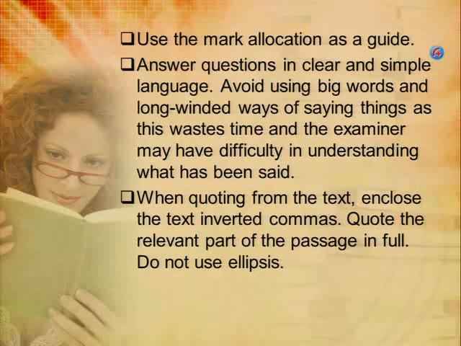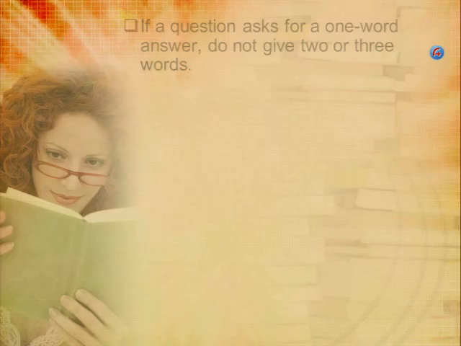So in other words, if they use a capital letter, you're going to use a capital letter. If they're going to put a comma, you're also going to put a comma. Be careful of copying incorrectly, because if you copy it incorrectly, it's considered to be a spelling mistake and then it's not exactly the same. So remember, your quote has to be exactly the same as it appears in the passage.